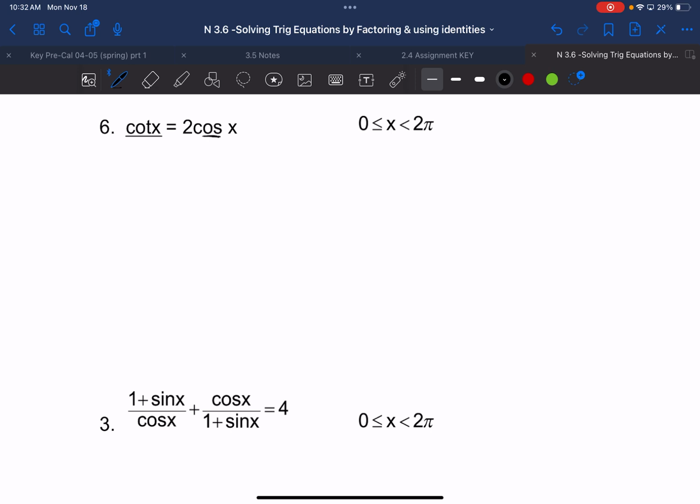Cosine over sine. So I'm going to change this out for cosine of x over sine of x is equal to that 2 cosine of x. Okay, so I either need to subtract that 2 cosine and move it over, or you also could put this over 1. And because there is an equal sign there, what am I allowed to do?